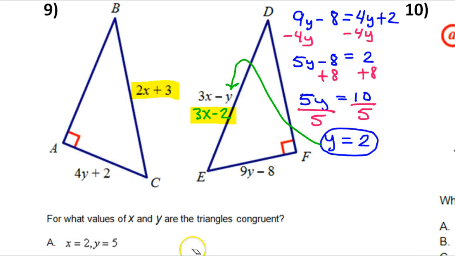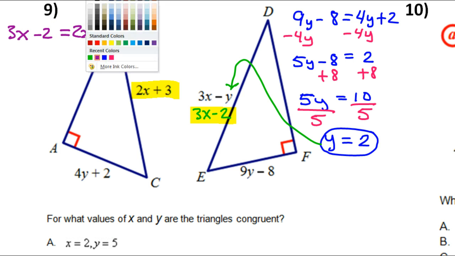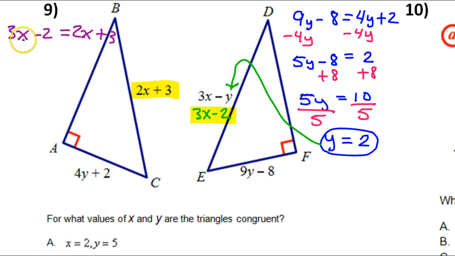Let's see, is there room over here? All right, so let's set these equal to each other. So 3x minus 2 should equal 2x plus 3. First, let's get the variables together. So let's subtract 2x from both sides.